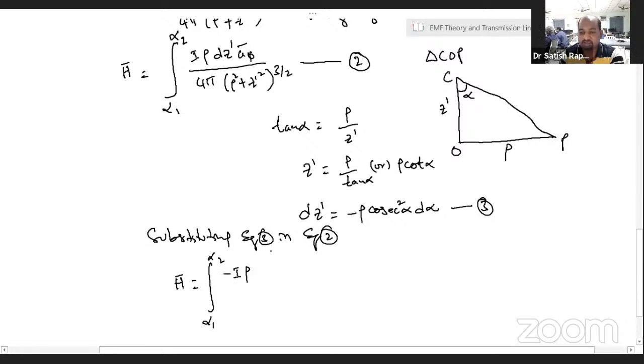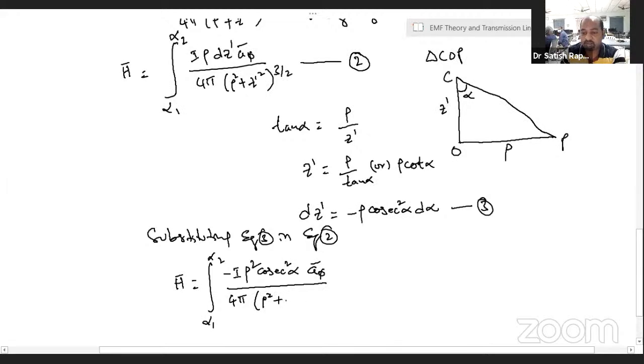So dz dash is minus rho cosecant square alpha d alpha, and rho square cosecant square alpha a pi bar, divided by 4 pi rho square plus z dash.